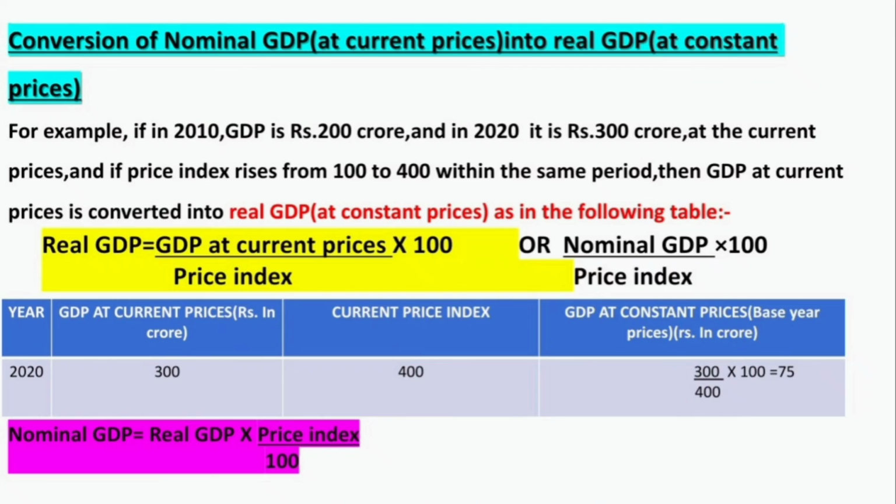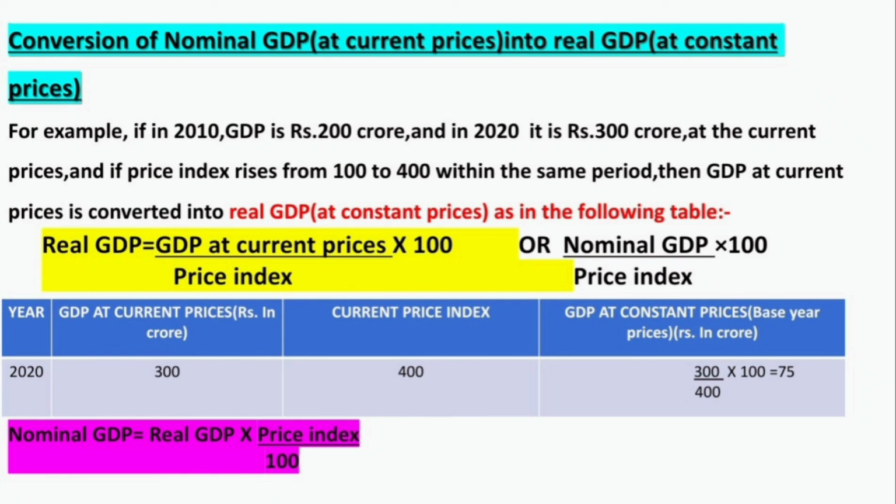Real GDP is equal to GDP at current price, or nominal GDP, divided by price index into 100. So, according to the given example, real GDP is equal to nominal GDP. What is the nominal GDP here? GDP at current price is 300 divided by price index 400 into 100.